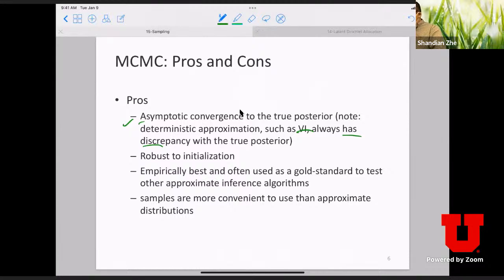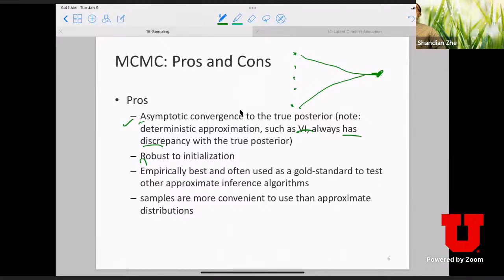The second thing is that it's quite robust to initialization. Meaning that in most MCMC algorithms, no matter how you start with your initial sample, you run your chain, it will finally converge to the true posterior. So it's quite insensitive to your initializations. That's very good as well.